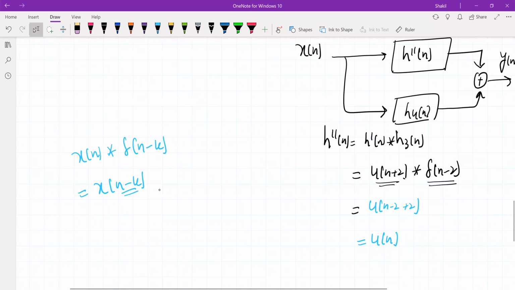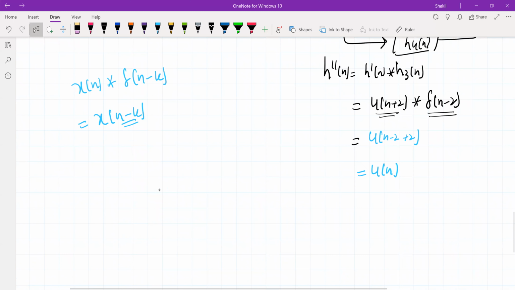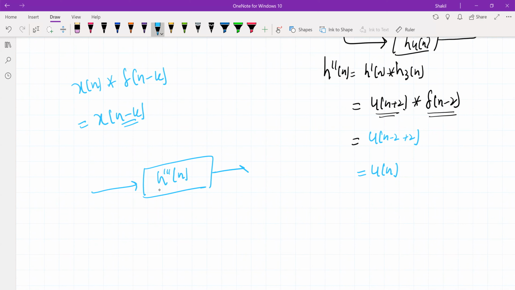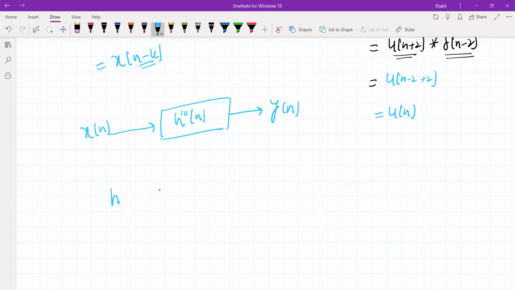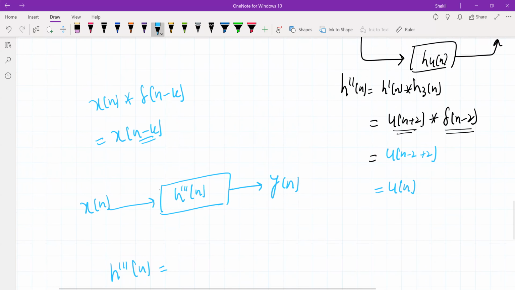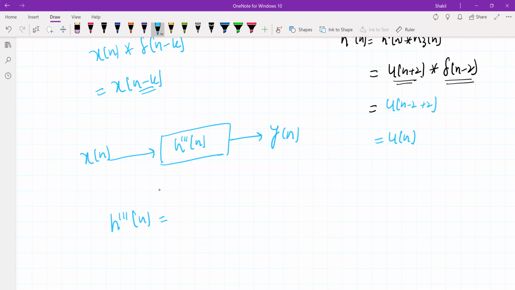Now again, these two systems are in cascade, so you can replace them by h triple dash of n. Actually, these are not in cascade, these are in parallel. So we can say the overall impulse response is simply the sum of these two individual impulse responses.